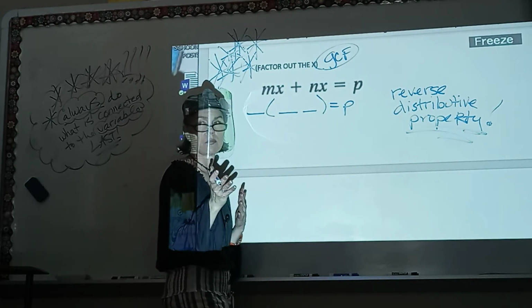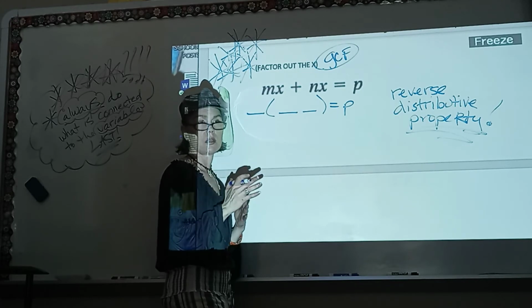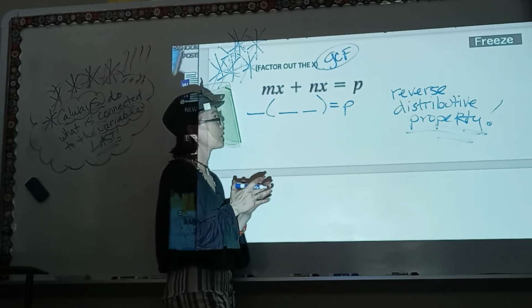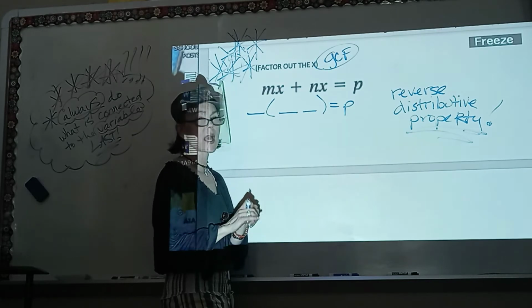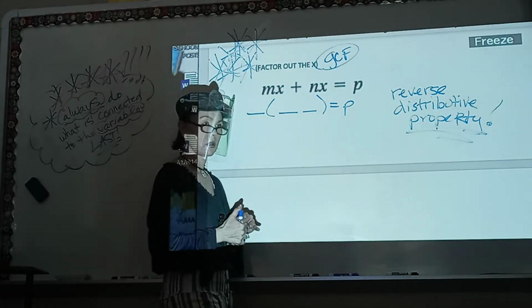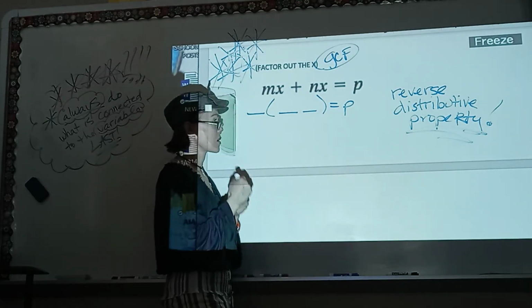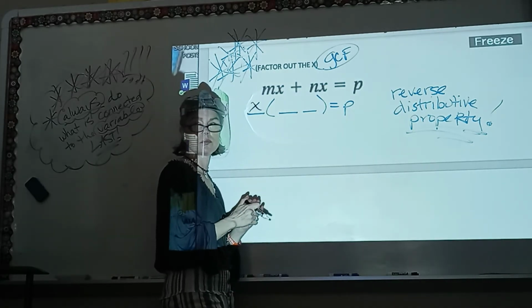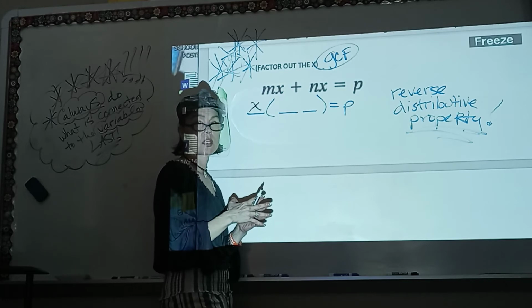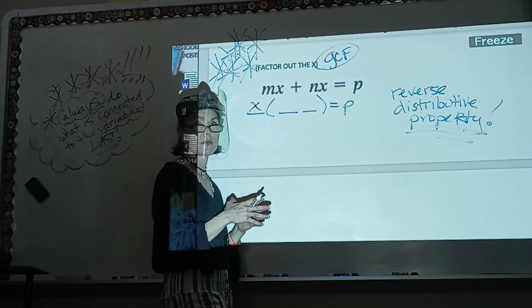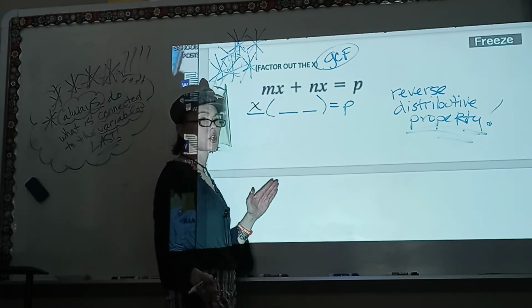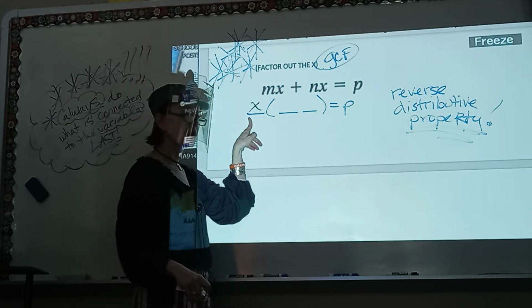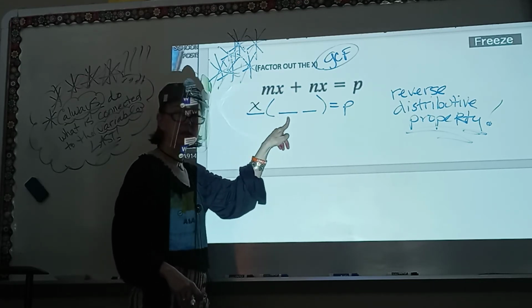Are you with me? So, we have to pull out, what do both of these terms have in common? X, right? So that's what we're going to pull out. There it is. Pull it out. Now, here comes the magic question of the day. Are we watching? Magic question of the day. X times what?